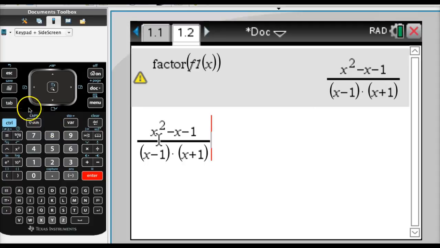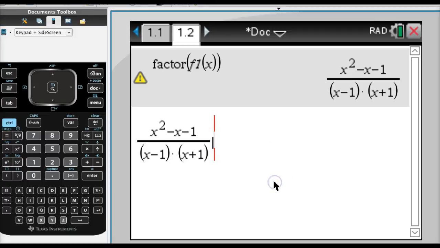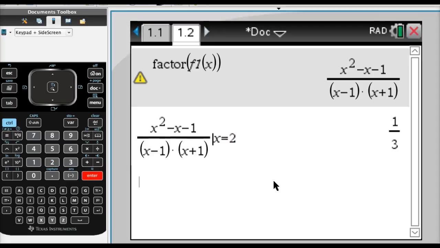You can take this function and you can evaluate. So you go Control equal. This bar right here means evaluate. So I want to evaluate this at x equal to 2. Boom, that tells me that it is exactly 1/3. This is the reduced form after I factored and canceled, and then this is the 1/3 that I do get.